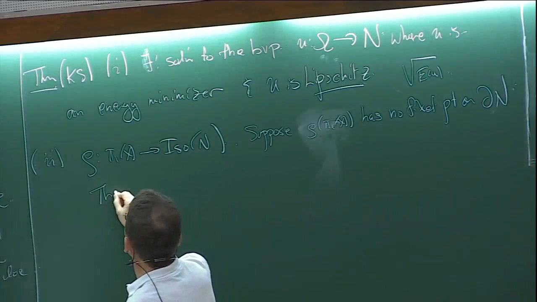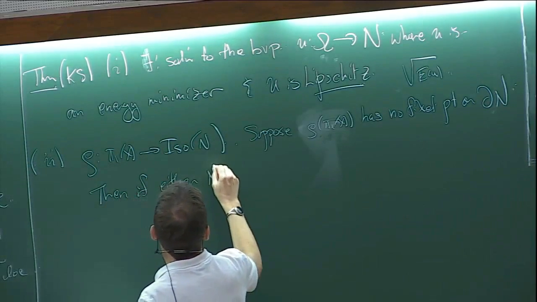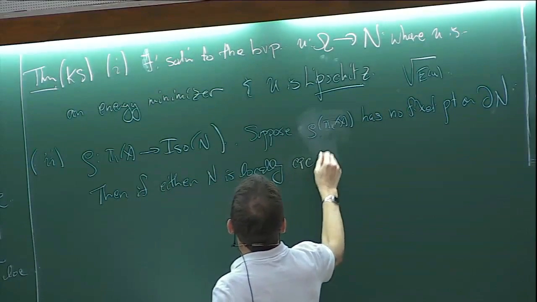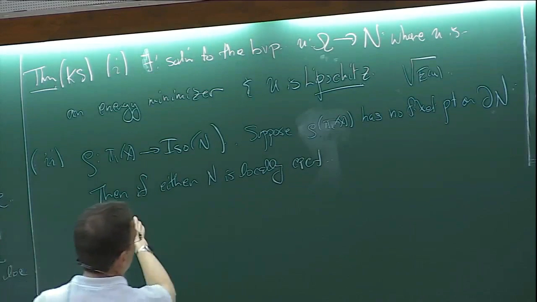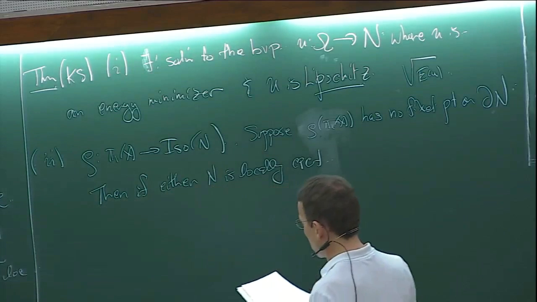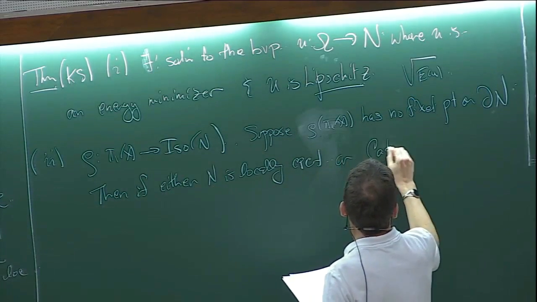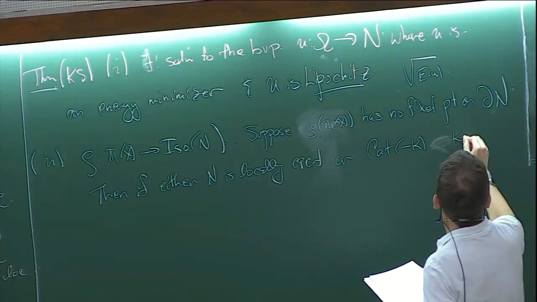Then, if either n is locally compact, you see, I'm not assuming n is locally compact, and in some sense, part of the applications that they wanted to study were the case where n was a Hilbert space. So n could be very big, right? But for this problem, either assume that n is locally compact, or it's CAT minus kappa for some kappa bigger than 0.